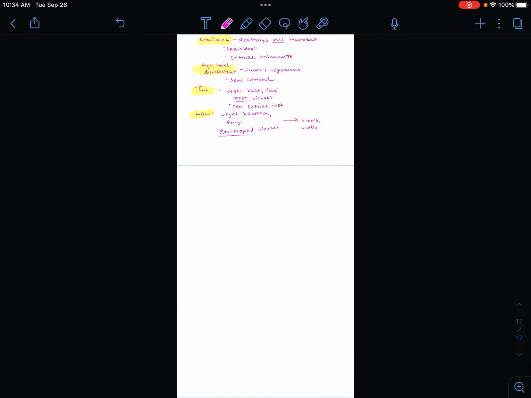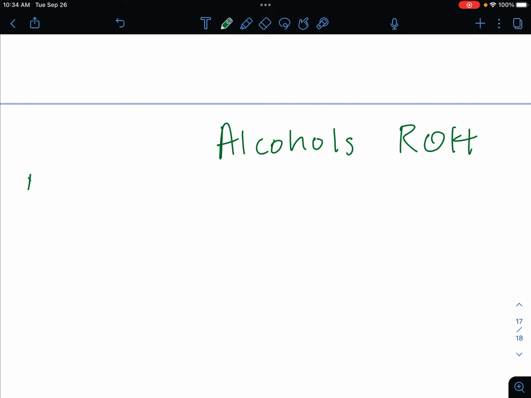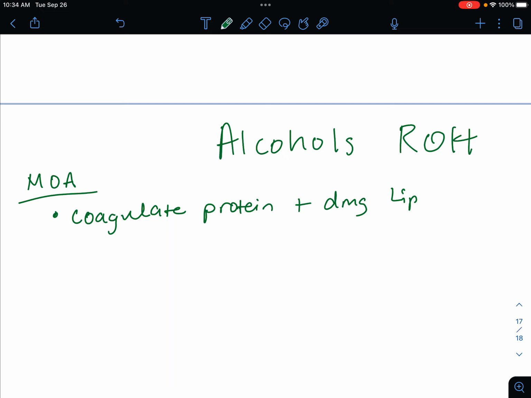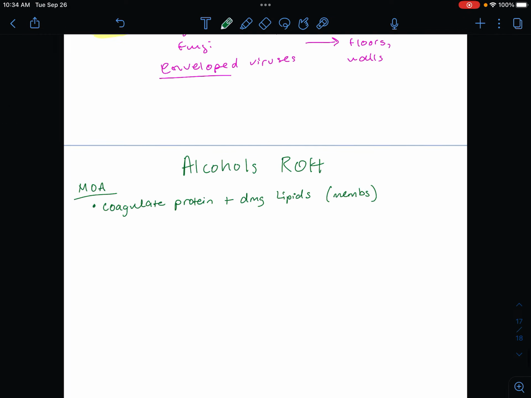All right, let's move on to our first chemical that we're going to be looking at, which is alcohol. Then ROH, of course, that's in organic chemistry. The mode of action, or the MOA, this is how it's going to stop the microbes. What's its method of stopping them? It's going to coagulate proteins and damage lipids, specifically the membranes.